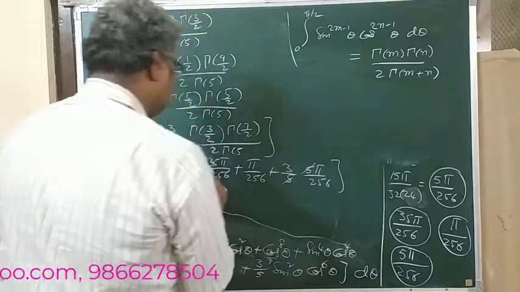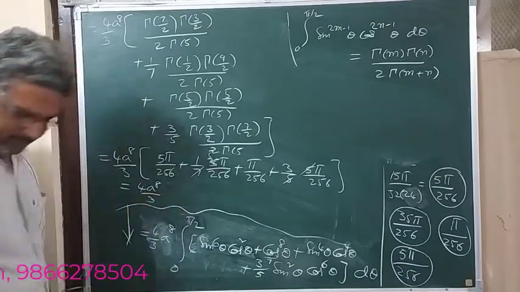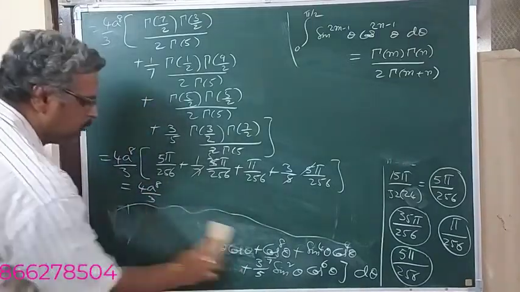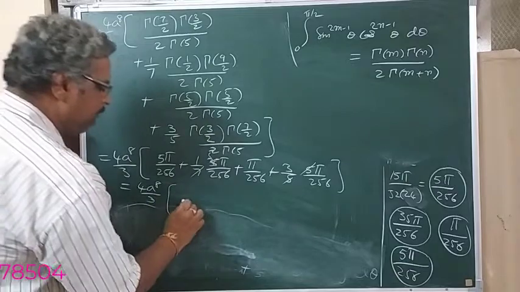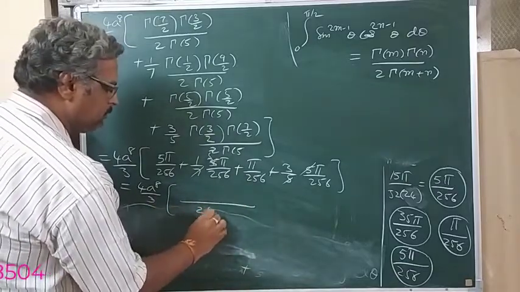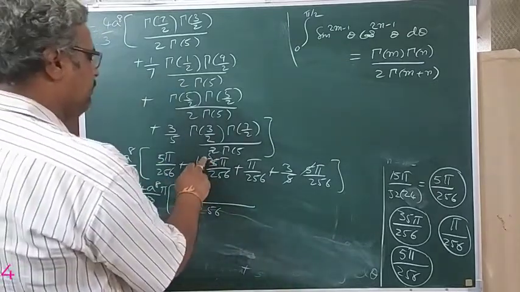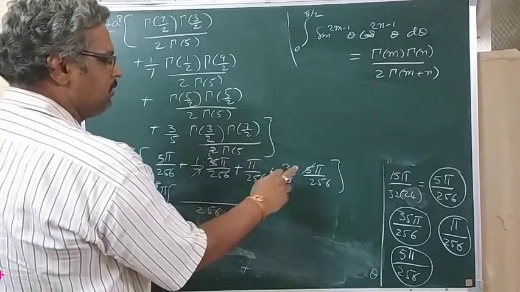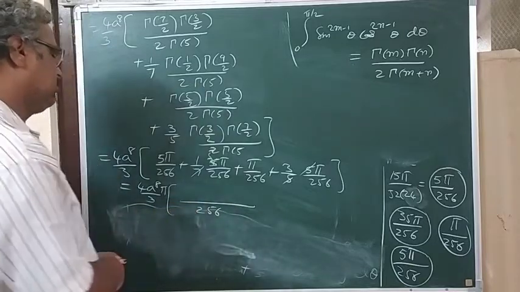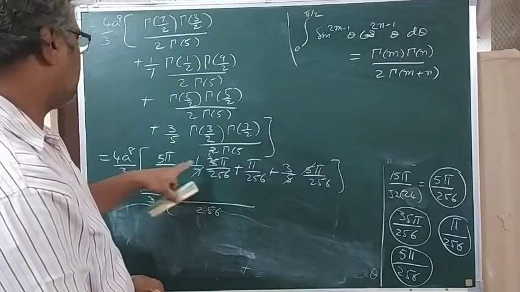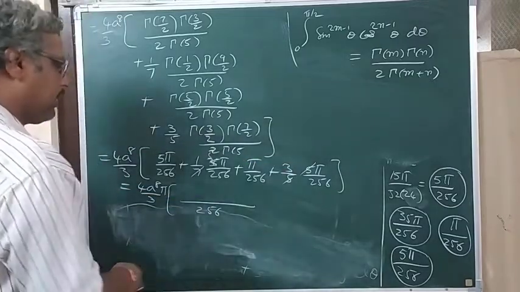Now observe, 5 times 4 a power 8 by 3. I will arrange the bottom part. 256 is a common term. 5 is also a common term. 5 times, here 5 times, 10 times, 11 times, 13 times. 5, 7 5s are 10, 11, 11 plus 3, 14.